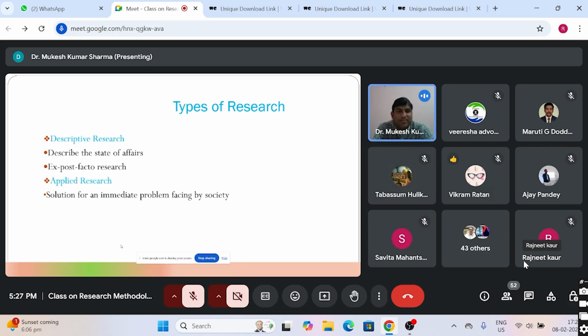Ex post facto research means you do not have control over the data. You cannot manipulate the data. You cannot say, okay, Kejriwal is my neighbor, my friend, so I will give the reverse answer that he will win the election. No, you cannot manipulate the data. Whatever has happened, the respondent is only giving the answer yes or no, and you are just like a media person. Being a PhD scholar, your task is not to manipulate the data.